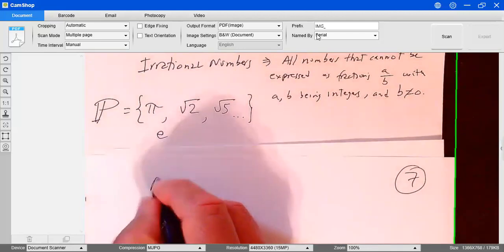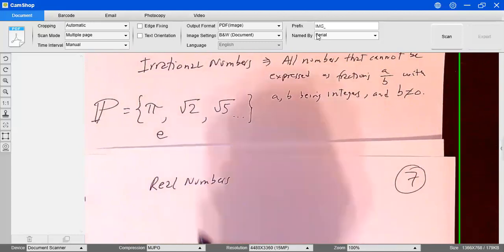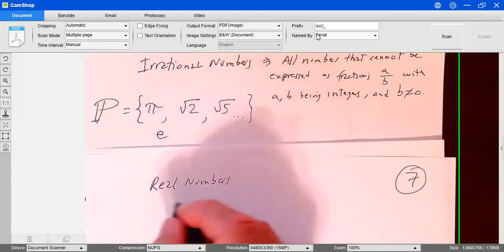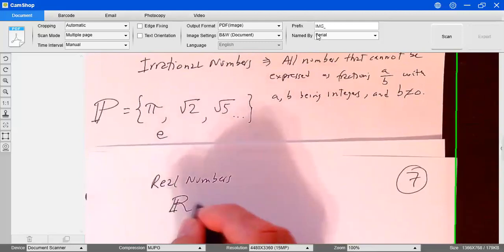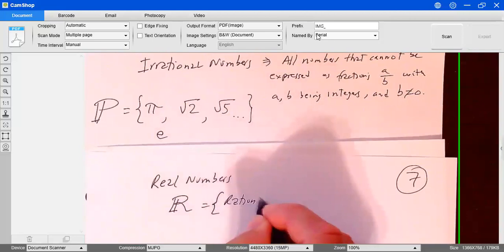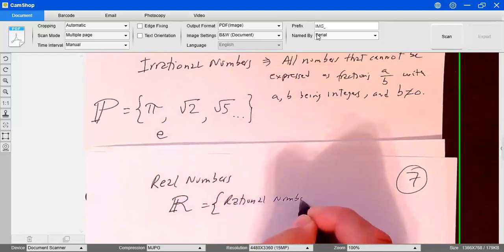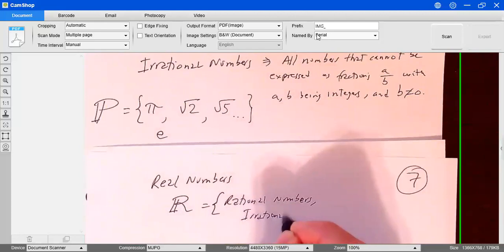So the real numbers, that set, with this R, is going to be the set that includes the rational numbers and also the irrational numbers.